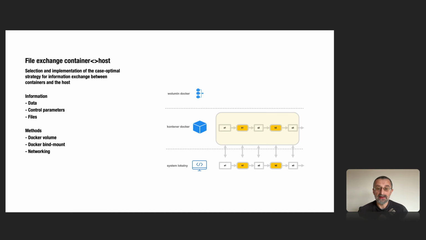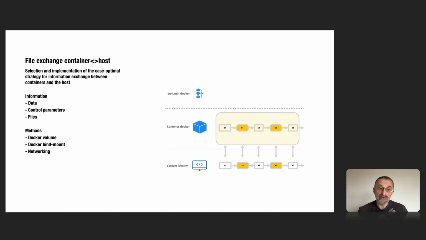Next, very important skill is file exchange between the container and the host. Container is your running app, host is the computer where it runs, or the server. So you should know how to select and implement the case-optimal strategy for information exchange between containers and the host.